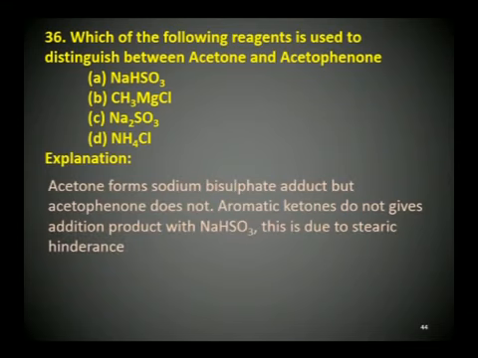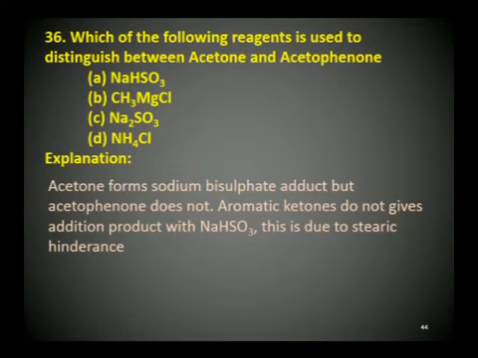Acetone forms a sodium bisulfite adduct, but acetophenone does not. Aromatic ketones do not give an addition product with NaHSO3. This is due to steric hindrance. So, due to steric hindrance in aromatic ketones, you can see that they are not reacting with NaHSO3.